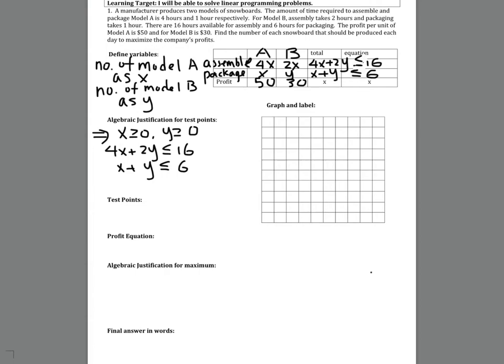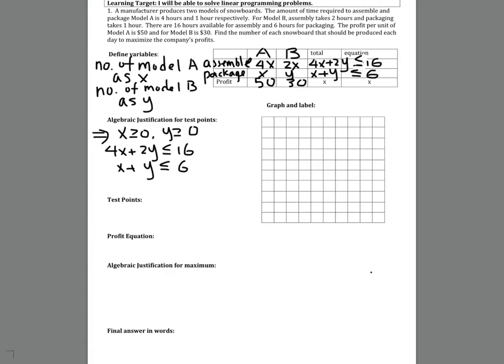So 2 times Y would be the total amount of time spent on assembling Model B snowboards. And the total cannot exceed 16 hours. The company is not going to spend more than 16 hours assembling the snowboards. So 4x plus 2y would have to be less or equal than 16.